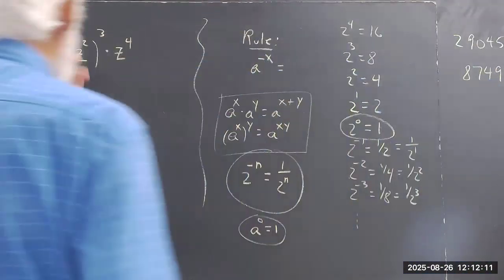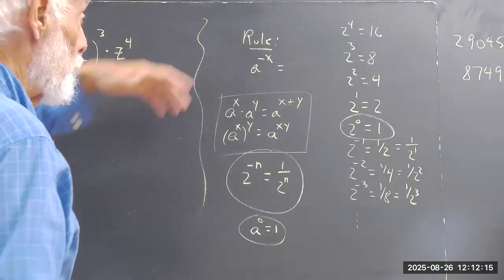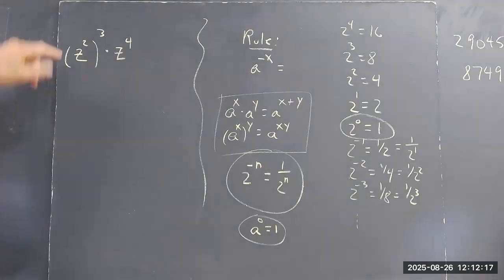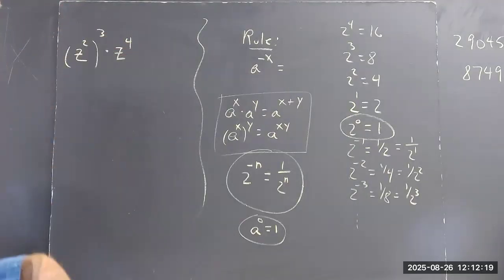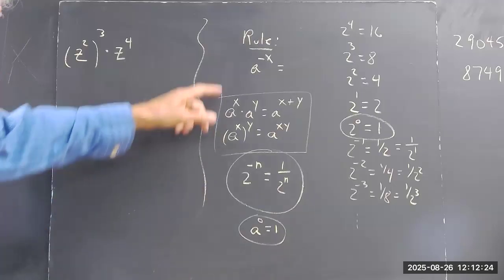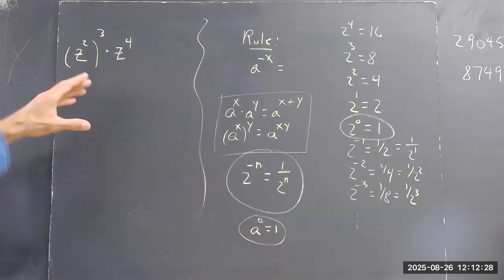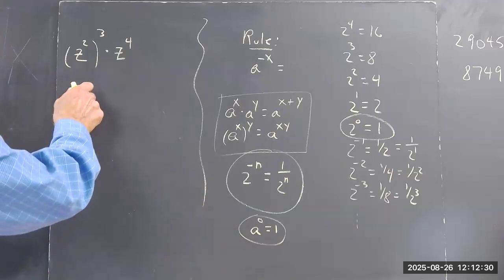Most of you are writing this out the long way by writing out all the z's. Since we have small exponents here, 2, 3, 4, we can actually do that. But what we want to do is use these rules that summarize. But I'm going to do it the way everybody seems to be doing it.